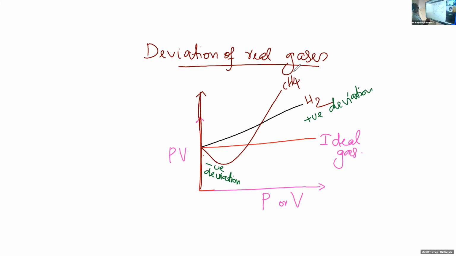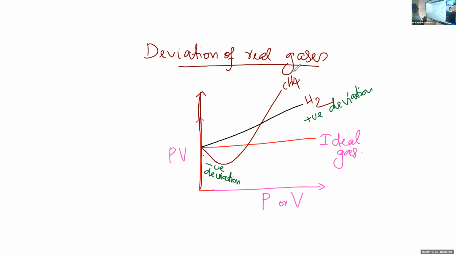So the graphs obtained for real gases are not always straight lines parallel to the pressure axis, as predicted for ideal gases by Boyle's law. It is not obeying Boyle's law.